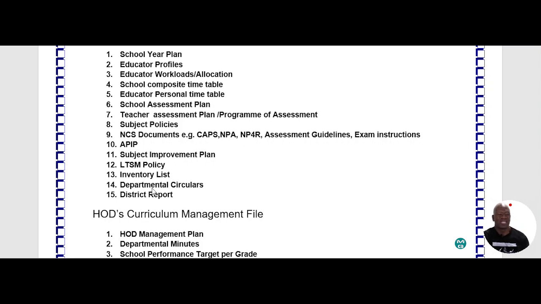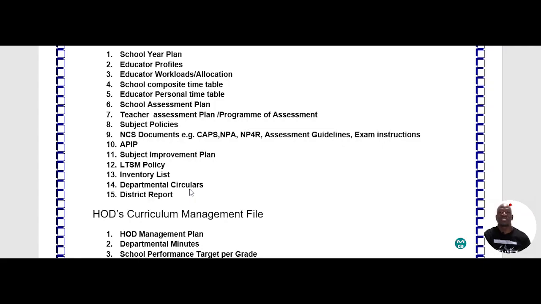Then number 14, that is the next one, as you can see there. It is the one that speaks to the departmental circulars. And here we're referring to the circulars that you might have received from your district in terms of different aspects of what you deal with in your department.